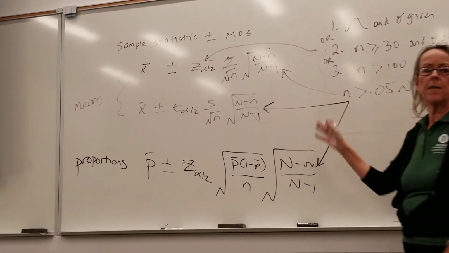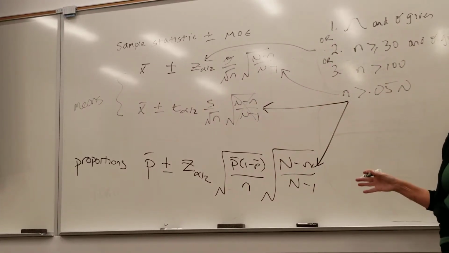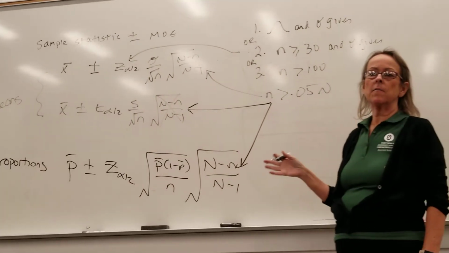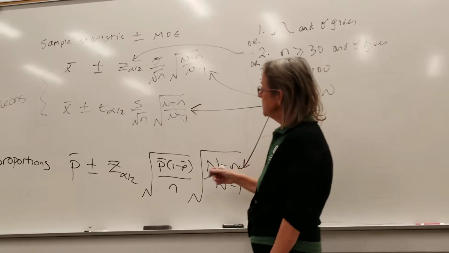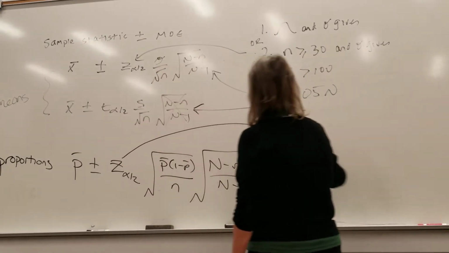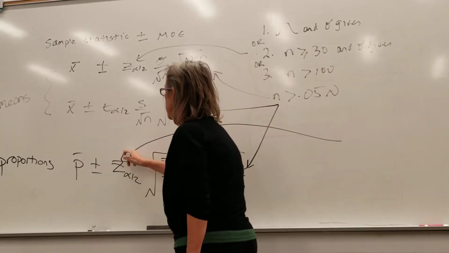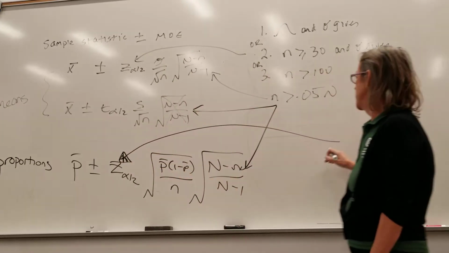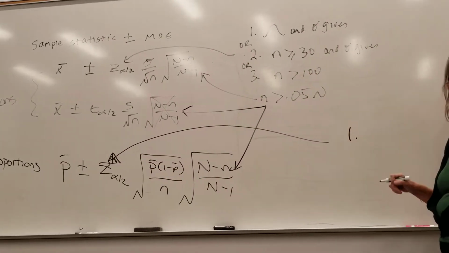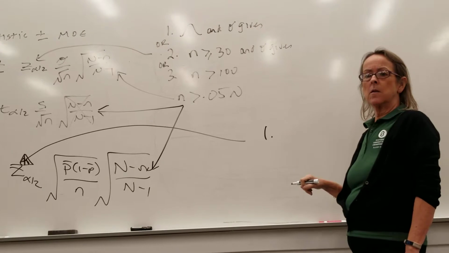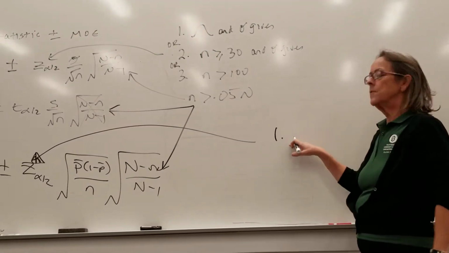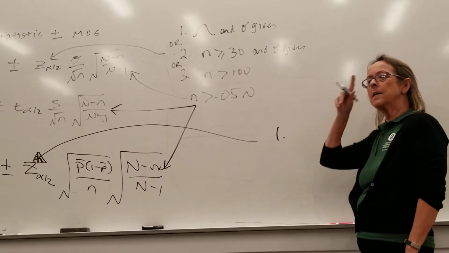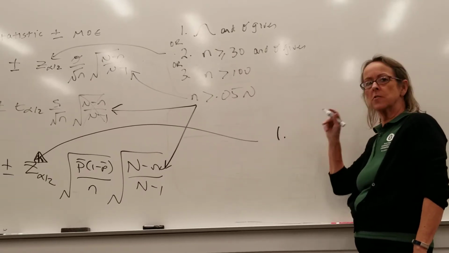The rule for the finite correction factor is always the same. You get to use the finite correction factor if your sample is more than 5% of the population. What is the rule for the z-score for a proportion? What's the rule? There's only one. There's no 2 and 3, there's just one.